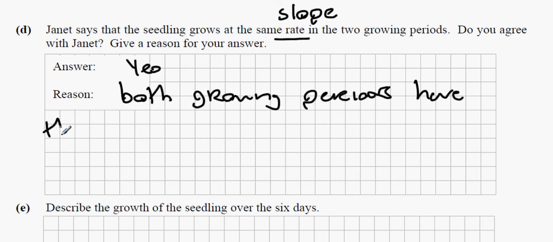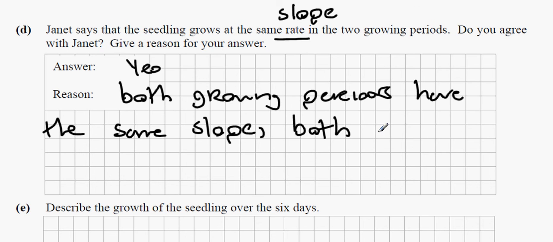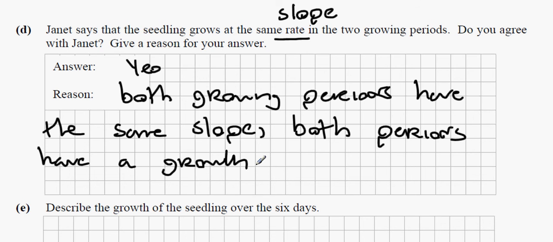And if you're looking for a more concrete answer, both periods have a growth rate of 0.5, half a centimeter a day.